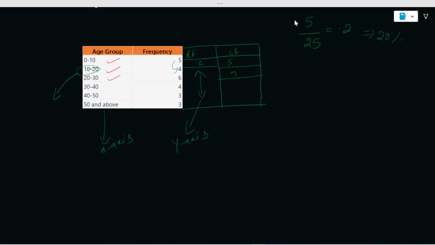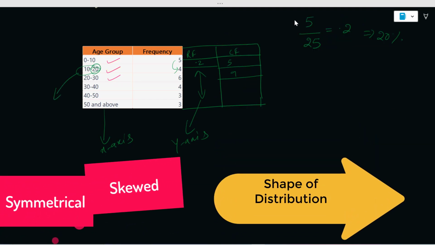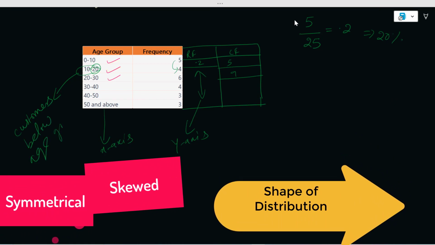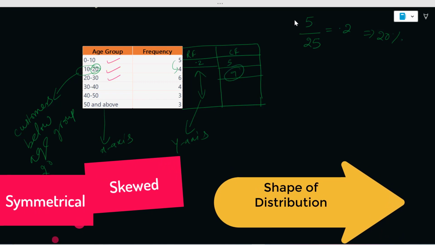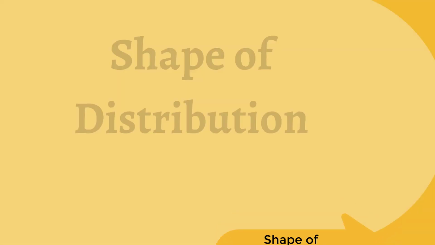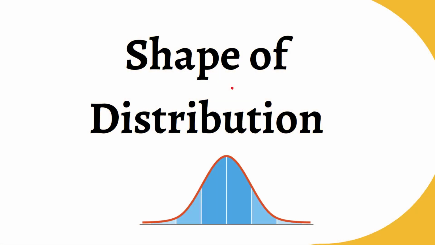Since we are excluding the upper boundary, customers below age 20 are equal to the cumulative frequency, right? And we can visualize that data. As we have learned in the past, we can visualize distributions related to frequency or number of occurrences of data in a data set using a histogram.